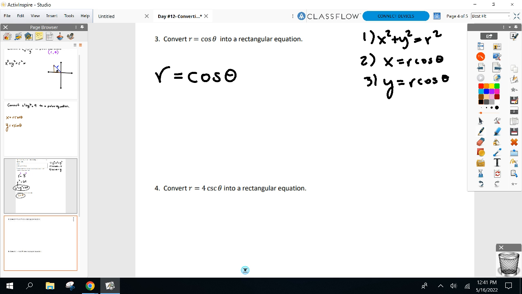Don't do it on your paper. I'm okay with the left side, I got r squared. But if you square the left side, the right side, am I going to get x's and y's back? No. So squaring's not going to be the option here. Sometimes it works, like number 1, and sometimes here it doesn't.